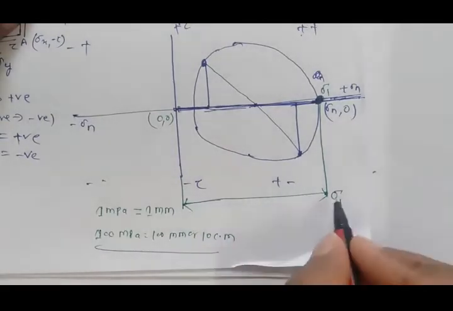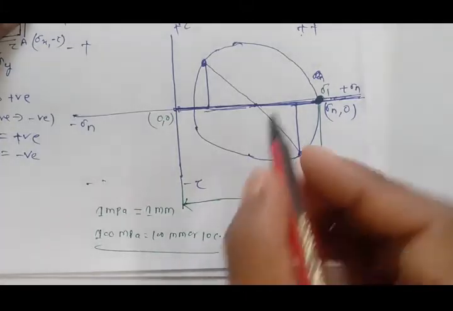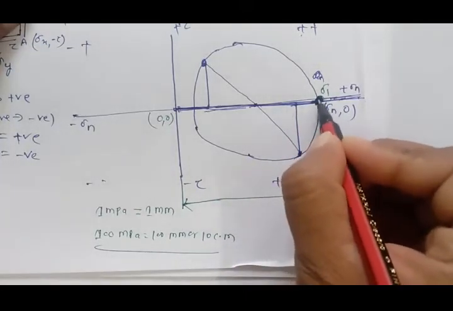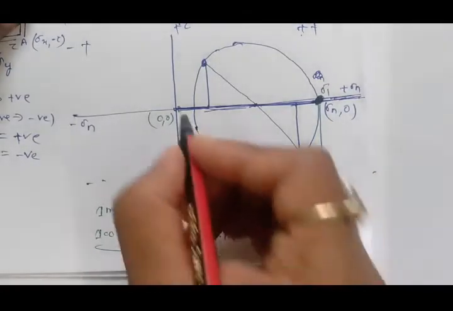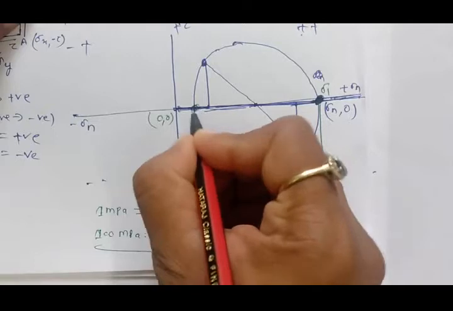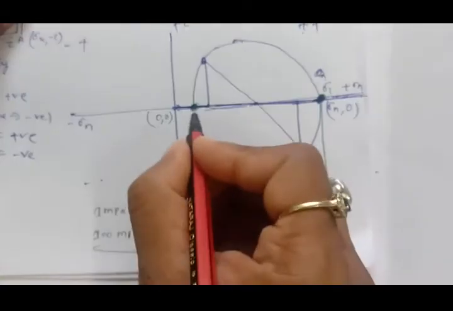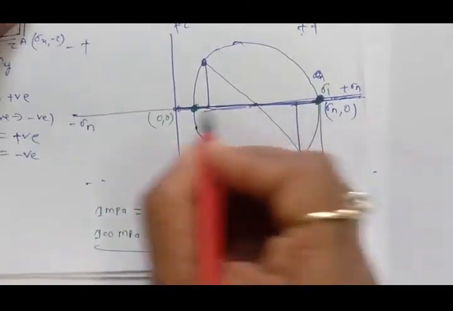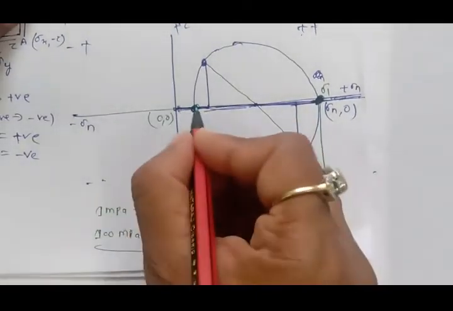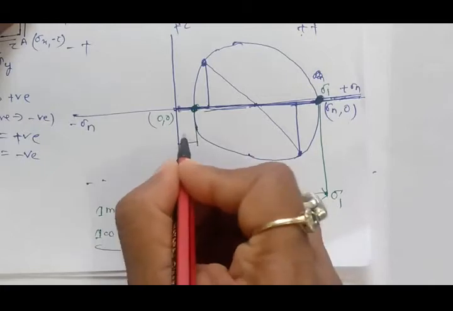This is called the major principal stress, because the value of sigma 1 is greater. We take this plane where the shear stress is 0, called the major principal stress, and at this point the shear stress is 0. Apart from that, everywhere else you go the shear stress value will be there. So only this is the point where the shear stress is 0. This is called the minor principal stress, and I denote it sigma 2.